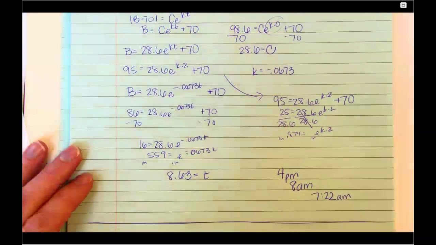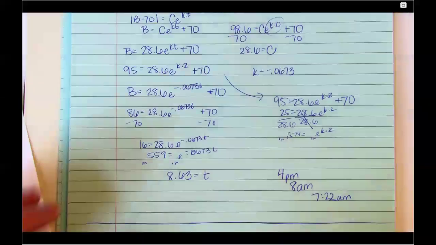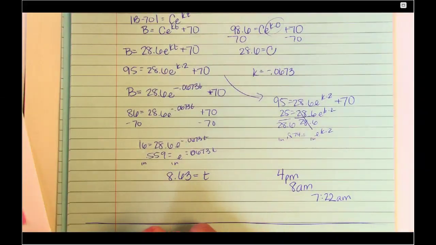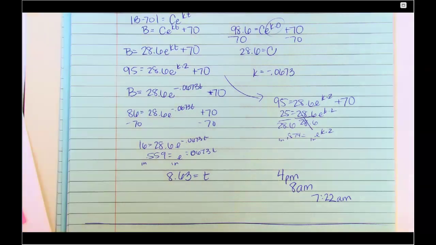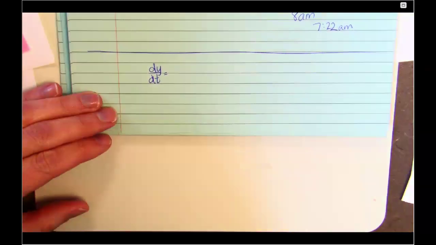Okay, let's do this one. Switching gears. dy/dt is equal to... We've done enough of these in our warm-ups the last couple days that we should be okay, but we're going to do one anyway.